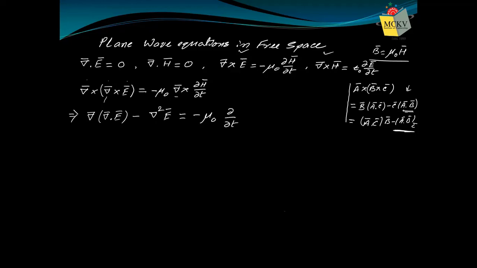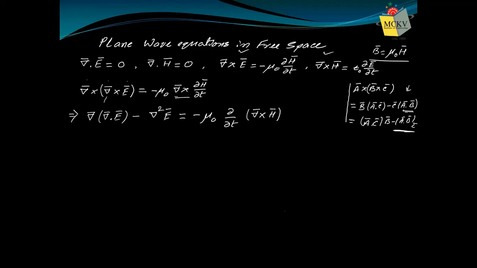So del del t, the time operator, is now at the place of the space operator. That's why I'm writing it this way, you'll understand. I have interchanged the position of space and time operator. Del del t comes at the position of curl, and curl, that is del cross, takes the position of del del t.